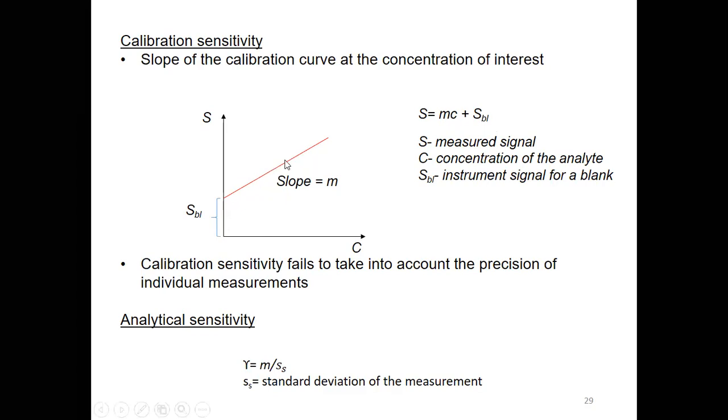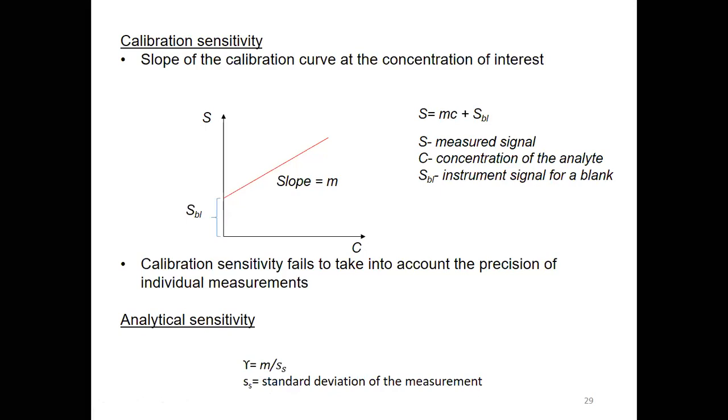So as an alternative, in order to overcome this problem, we can calculate the analytical sensitivity, represented by gamma. How you find the analytical sensitivity is by dividing the slope by the standard deviation of the measurement.